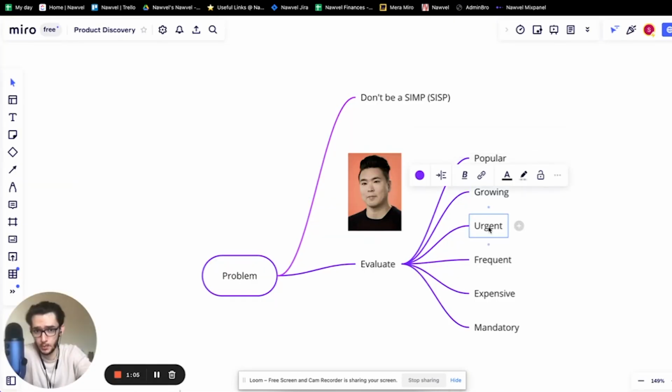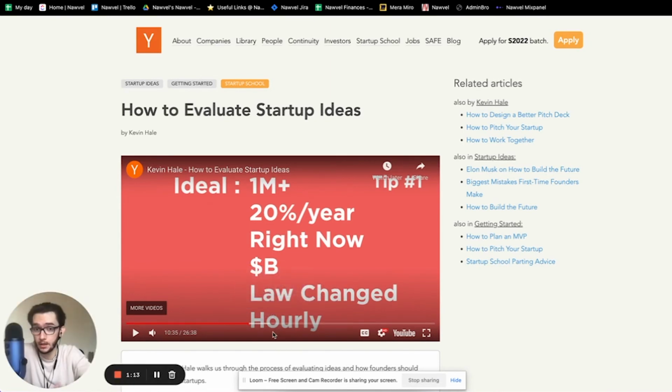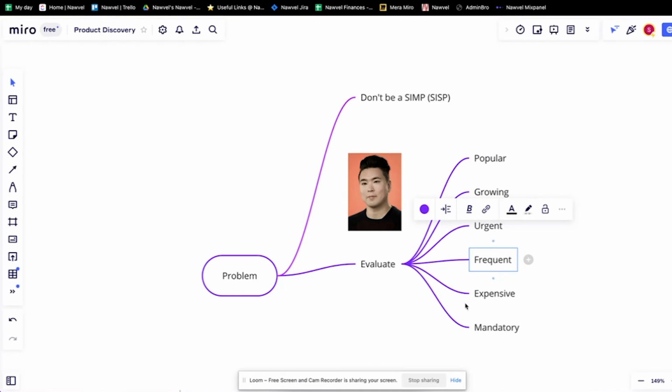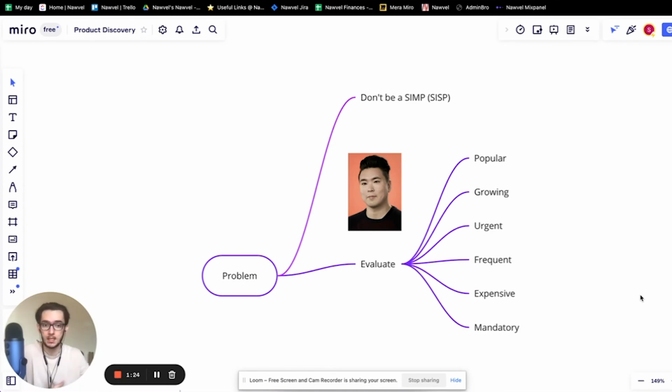Your problem should be urgent, right? You want to solve it right now. Your problem should be frequent, maybe hourly you keep getting this problem again and again, so it's super frequent. Maybe it's a very expensive problem, so the market opportunity there is $1 billion plus. Maybe it's a mandatory problem, maybe a law has changed and your solution is going to be extremely desirable now.